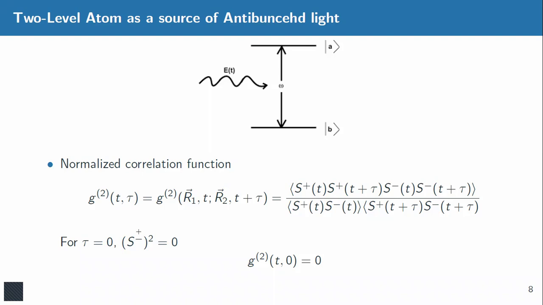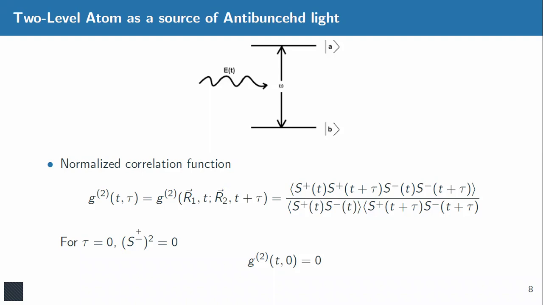It could be seen that if we have a two-level atom and it is excited by some incident photon, then after de-excitation, it would emit only one photon at a particular instant of time.